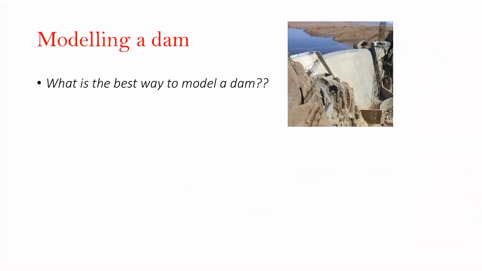And the last example for today is, you all know about the dam, right? We have a large volume of water at the back of the dam. And now imagine that we want to analyze the structure of the dam to see what the stress distribution is all over the dam.